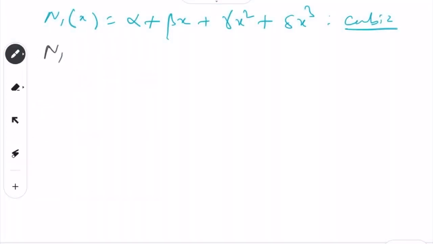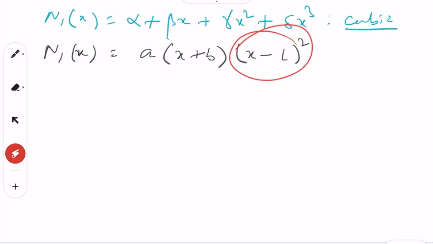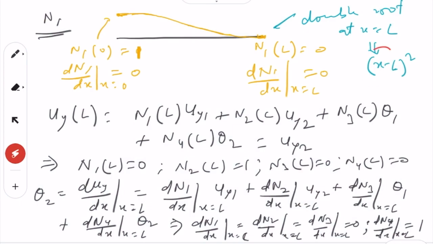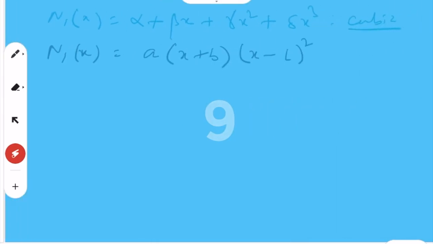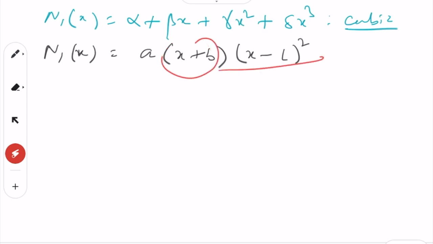N1 of x equals, let us call it a, times (x plus b), multiplied by (x minus L) square. This is of this form. So (x minus L) square is there because of this double root, and this one makes it cubic, and then we have 1 here to scale it.